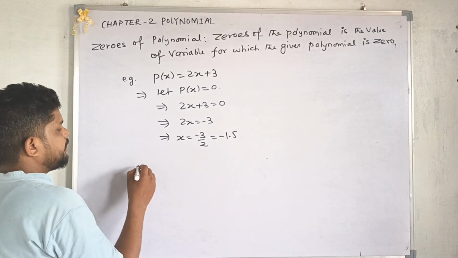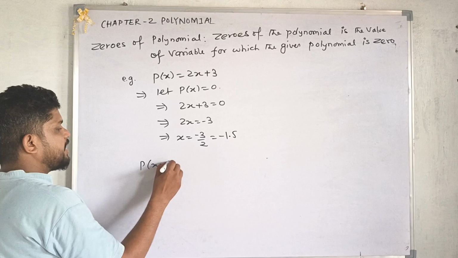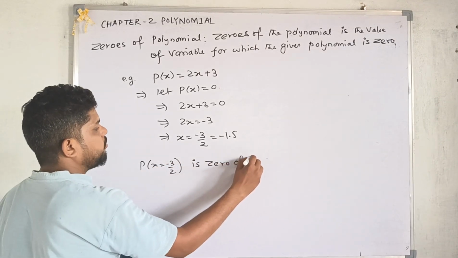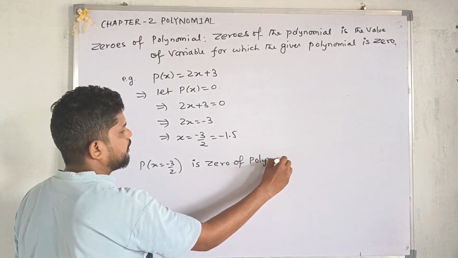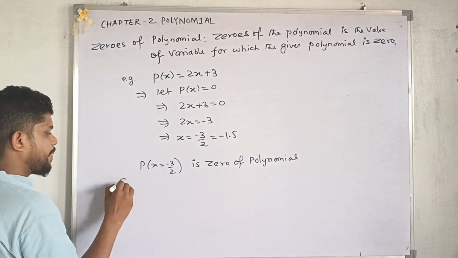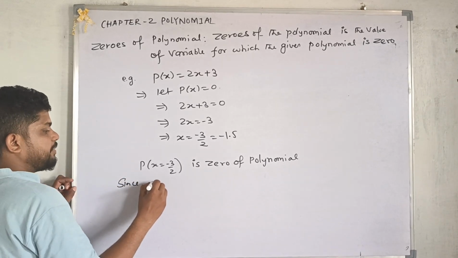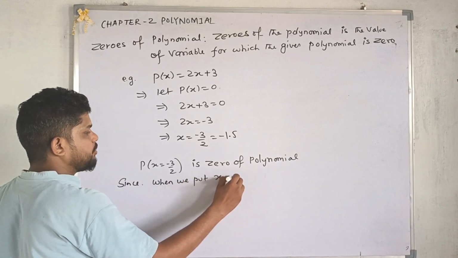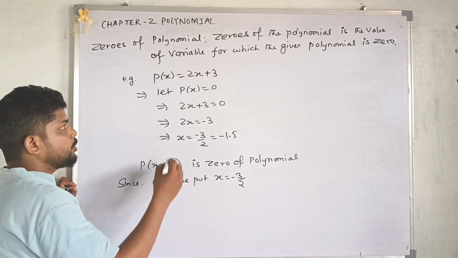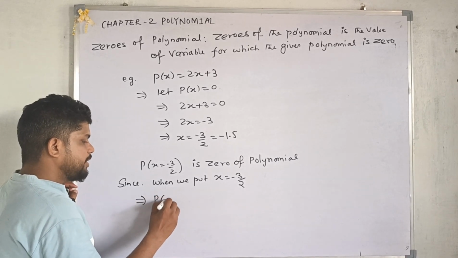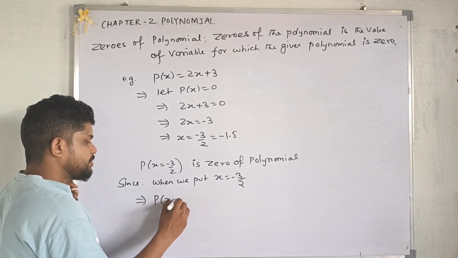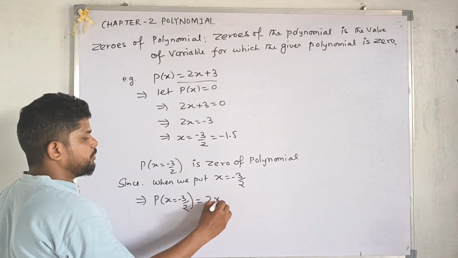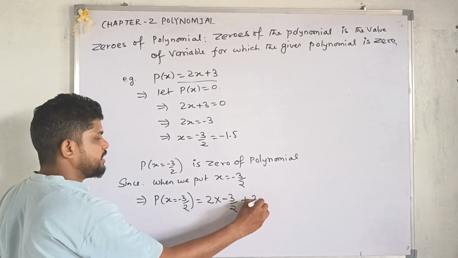So here minus 3 by 2 is the zero of the polynomial. Since when we put x is equal to minus 3 by 2, we get p of x equal to 2 into minus 3 by 2 plus 3.